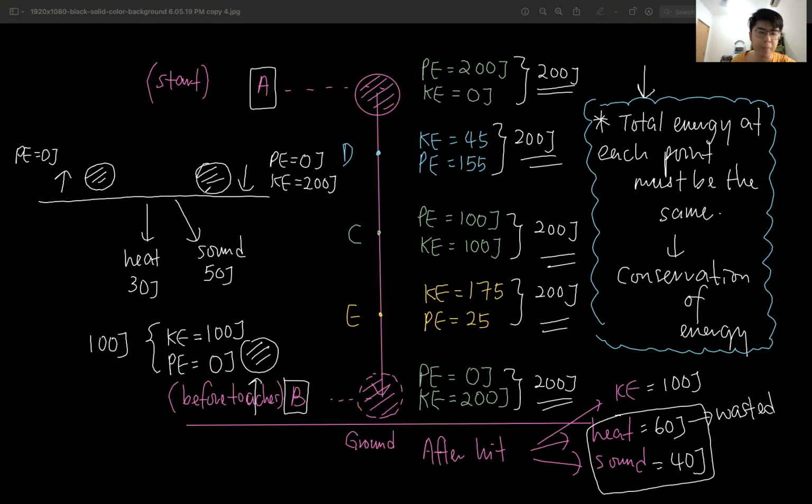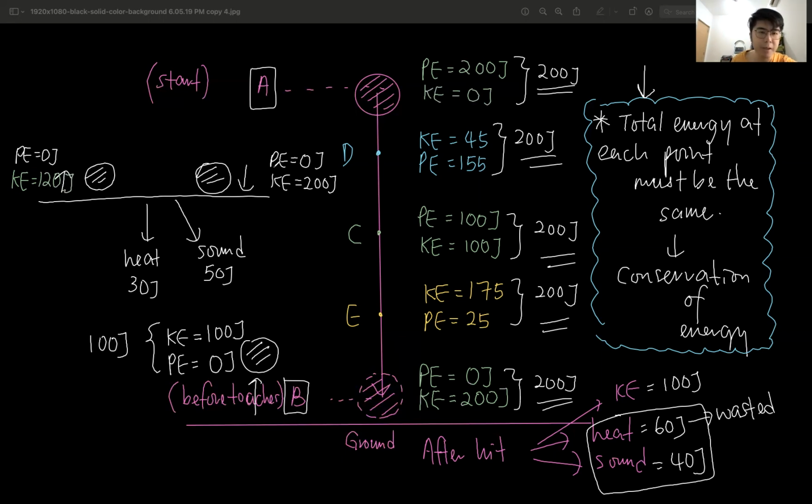Okay, so that means when the ball rebounds, now it has less energy because 30 already went to heat, 50 already went to sound when it hit the ground, right? So what is the kinetic energy here? The kinetic energy when it started rebounding is 200 minus 50 and minus 30, so it's 120 joule.